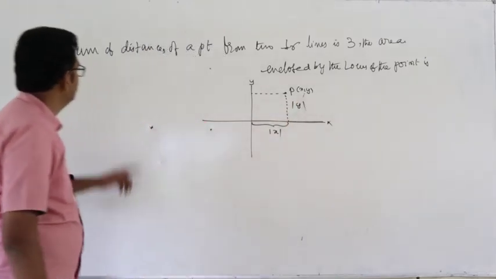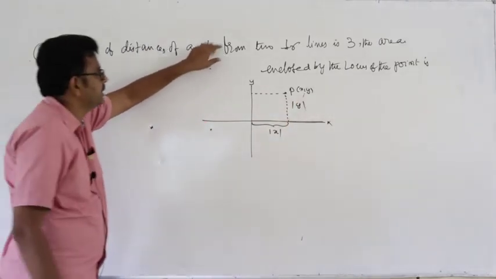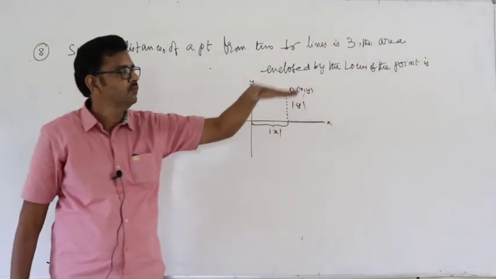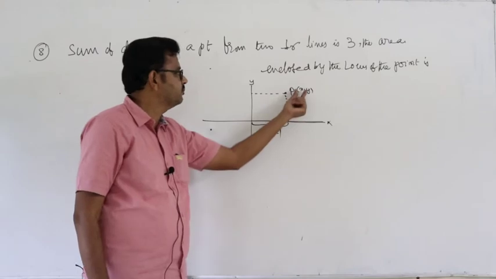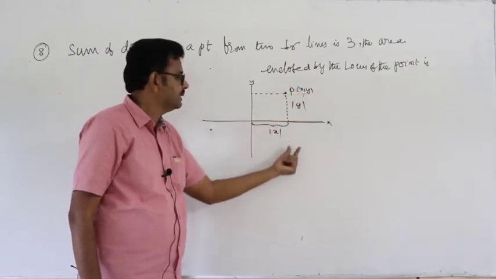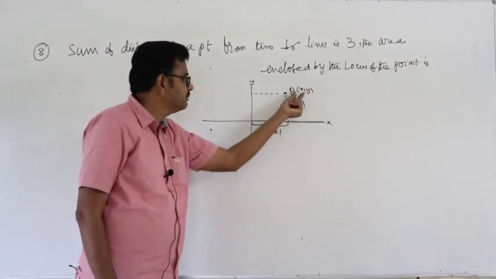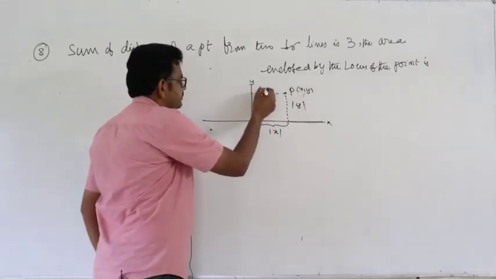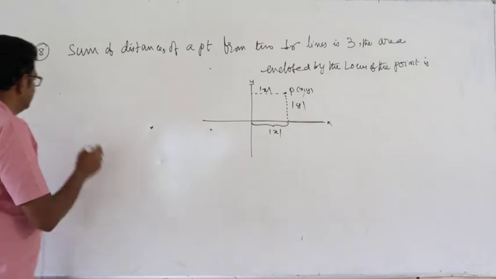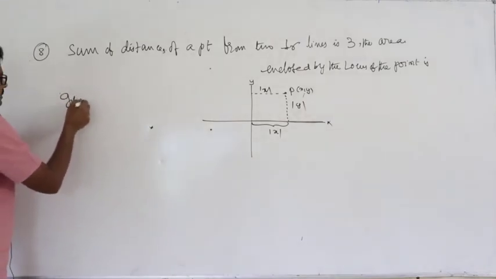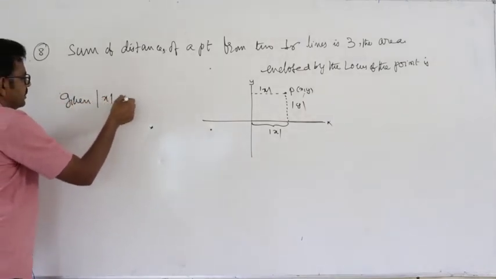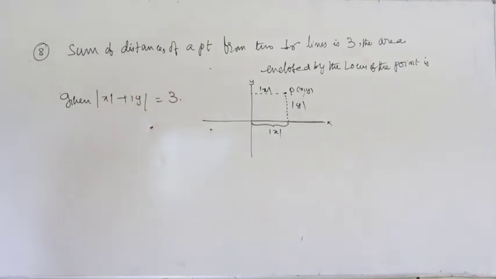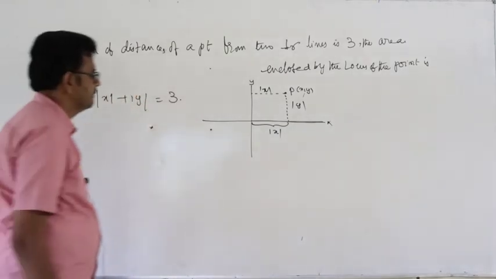So the sum of the distances of a point from two perpendicular lines: distance of the point P from the x-axis is |y|, and from the y-axis is |x|. What is given? |x| + |y| = 3.